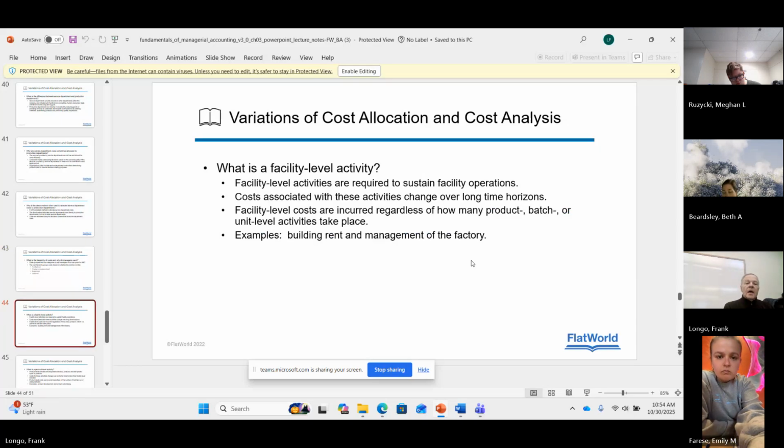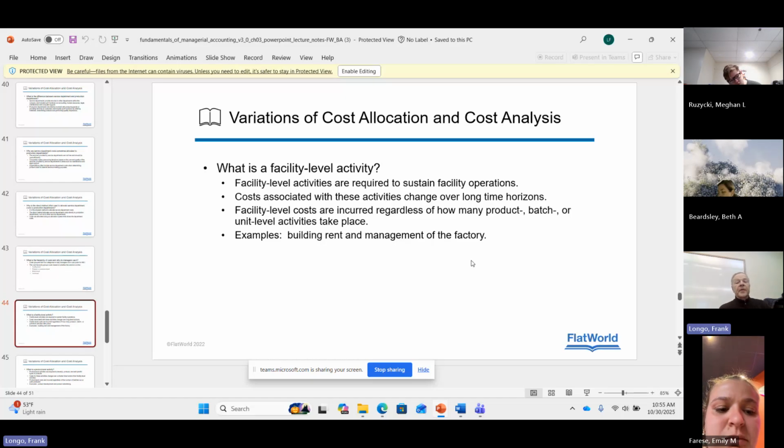So the facility level, activities that are required to sustain the facility, we're grouping costs into that. We incur this cost regardless of how many products we make.